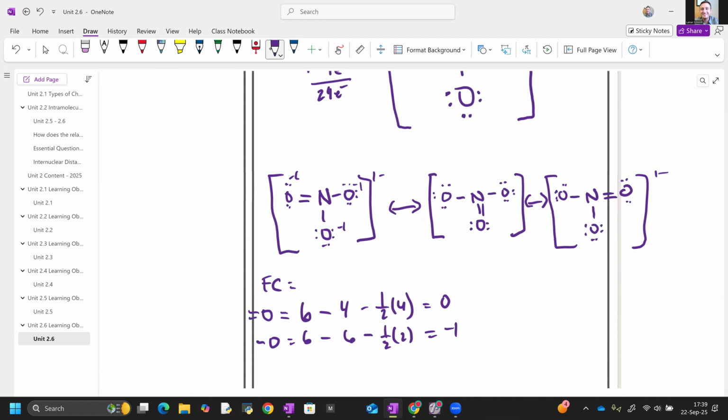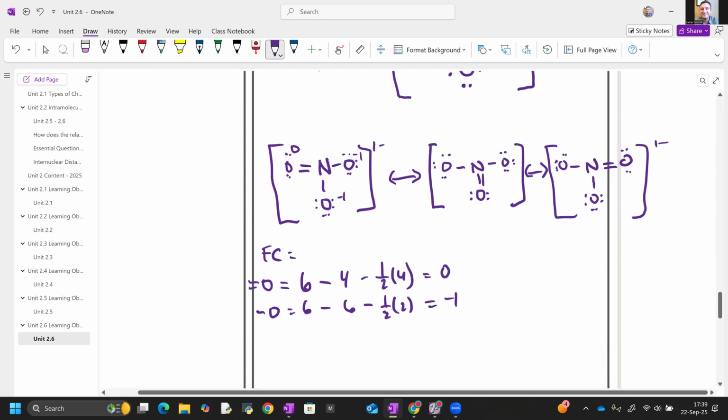So then we have nitrogen. By the way, what does it have to be? We know that this is going to be -1. All right. And I need to fix my thing here. This one shows 0 now, as it should. So we're at 0, -1, -1. And so that means nitrogen should have a +1 charge if all of these are going to sum to the charge of the ion.